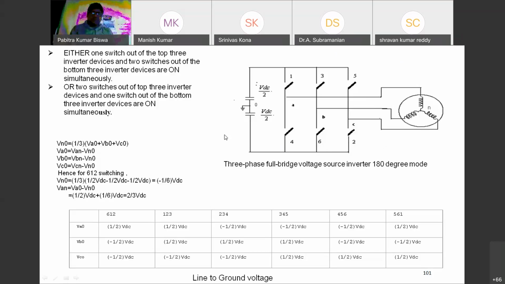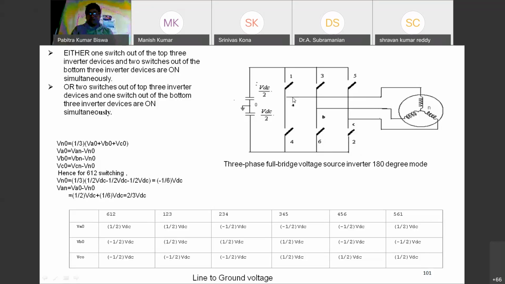Suppose we are considering 6 1 2. First of all, VNO equals one third of (VAO plus VBO plus VCO), and everybody knows VAO, VBN, VCN.